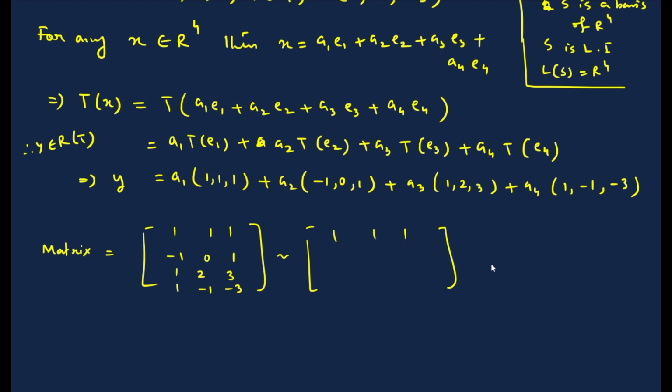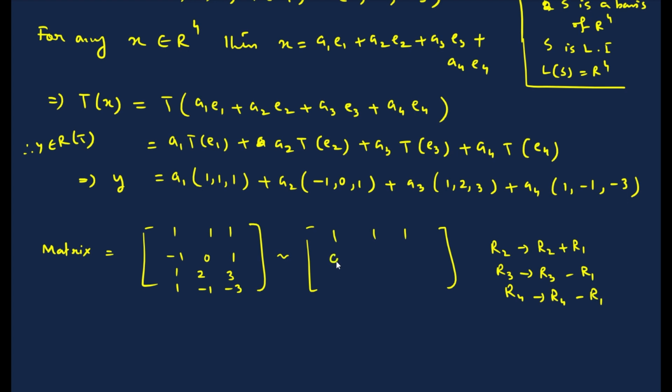Our first row will be fixed. So what will we do now? It's very simple. R2 goes to R2 plus R1, R3 goes to R3 minus R1, R4 goes to R4 minus R1. You still remember that in echelon form the first row is fixed and all the operations first have to be done with R1.